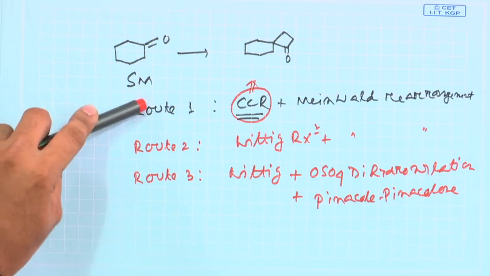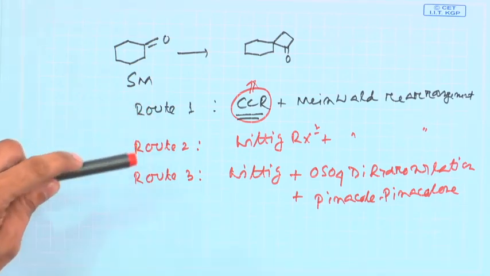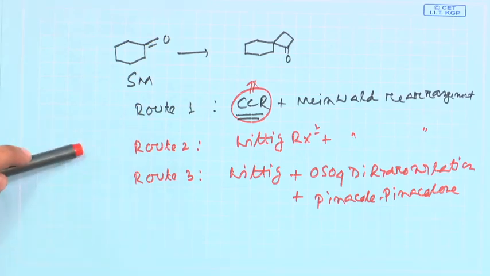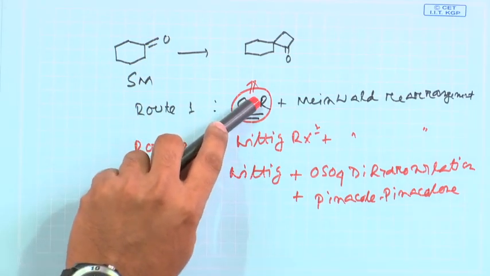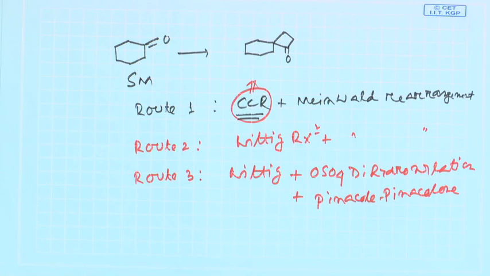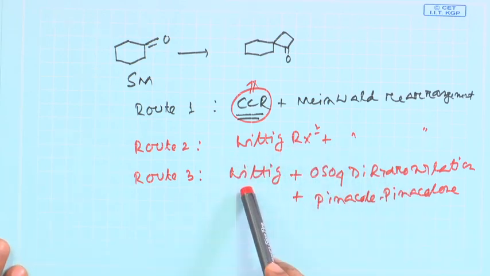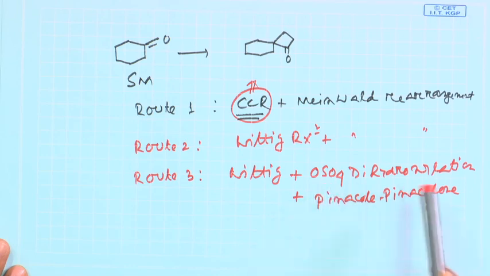If your supervisor or teacher asks this problem, you can design three different pathways, provided that you know the Corey-Chaykovsky reaction. If you do not know it, do not worry; you pick up the Wittig reaction pathway, or the Wittig as well as osmium tetroxide-mediated dihydroxylation pathway, and then pinacol.